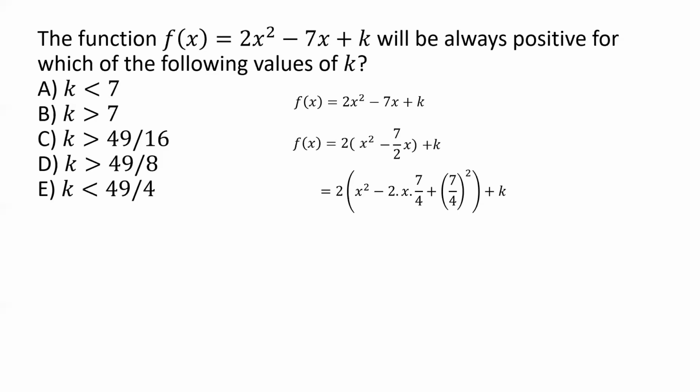So that b squared in this case will be 7 by 4 whole squared, because we have 2 multiplied by x multiplied by 7 by 4. So we add 7 by 4 whole squared, and then we close the parenthesis, and outside the parenthesis we have k. But now remember, we have added a term, so to maintain parity we got to subtract that term.